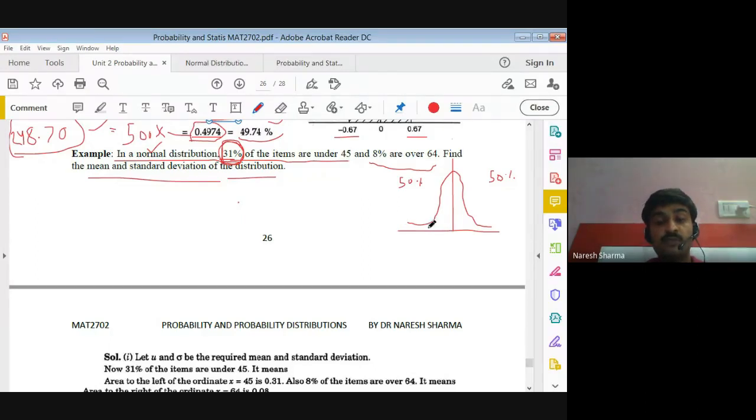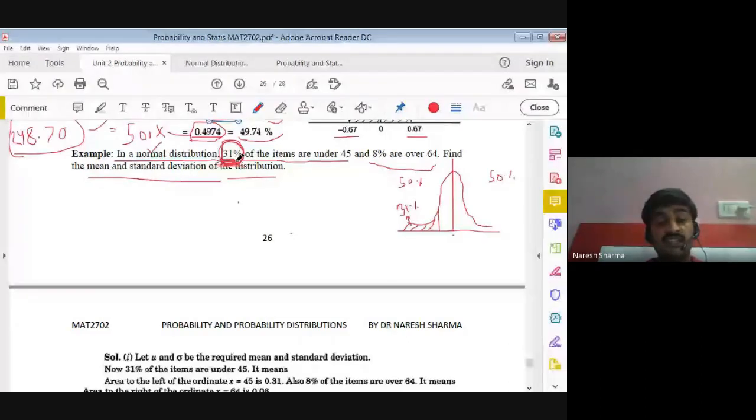If you count from this side, 31% maybe lies somewhere here. So suppose this range is 31%. In case this is more than 50%, we have to go to the right of this center point.